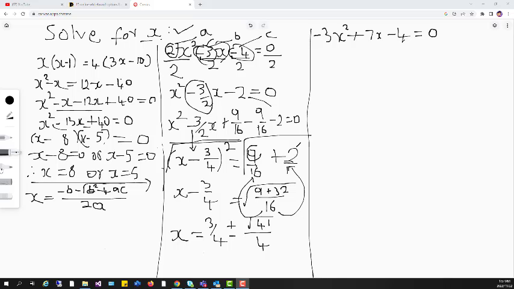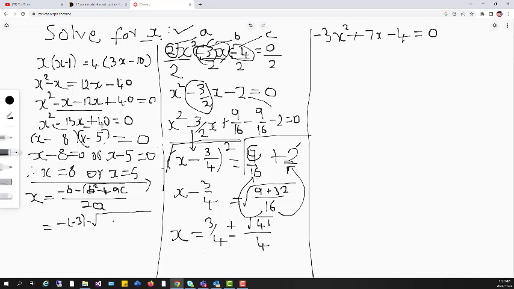So now let's substitute. We have x equals to, our b is minus 3. So we're going to have minus 3. So it's minus of the formula and minus that comes with the 3.